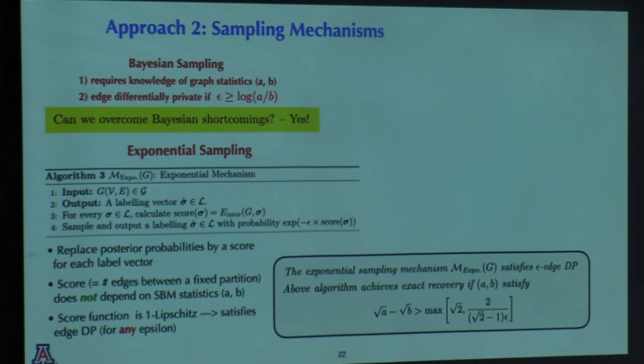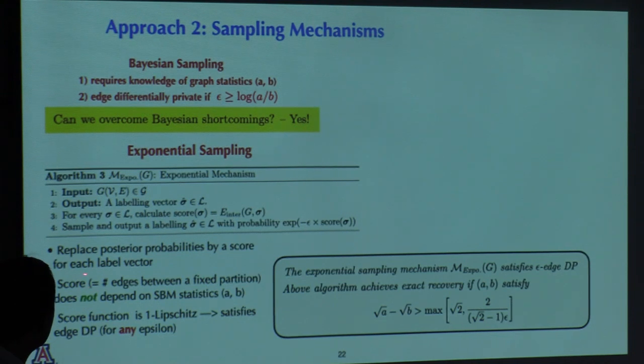If the number of edges is large, it's a bad partition. That's what I'm going to call a score. So for every possible vector sigma, you compute the score, which is the number of edges across the partition. If the score is high, you release it with a lower probability. If the score is low, you release it with a higher probability. The probability with which you pick it is e raised to the power minus epsilon times the score. Does that make sense?